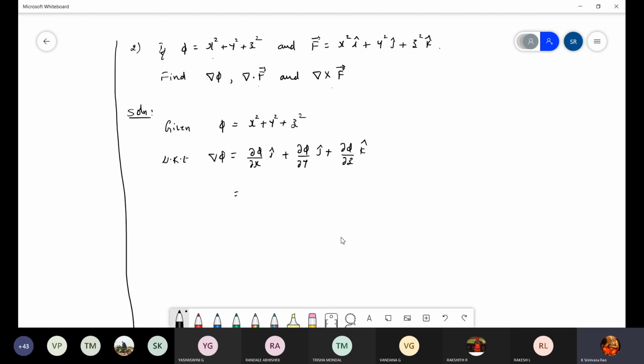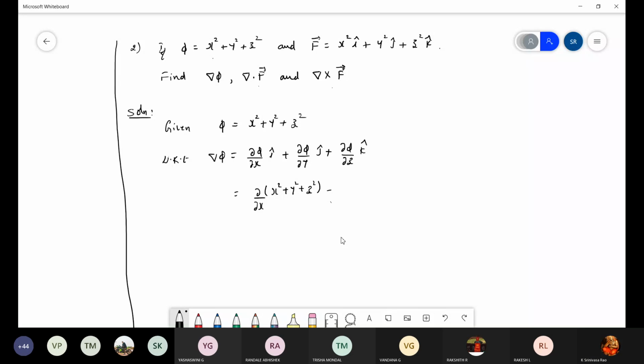Okay, so better you substitute because it is a combination of gradient, divergent and curl. We will substitute phi now here. You can differentiate directly also. So better you substitute x square plus y square plus z square. See, you have to differentiate all three. Either it is zero or variable, but you have to differentiate all three.